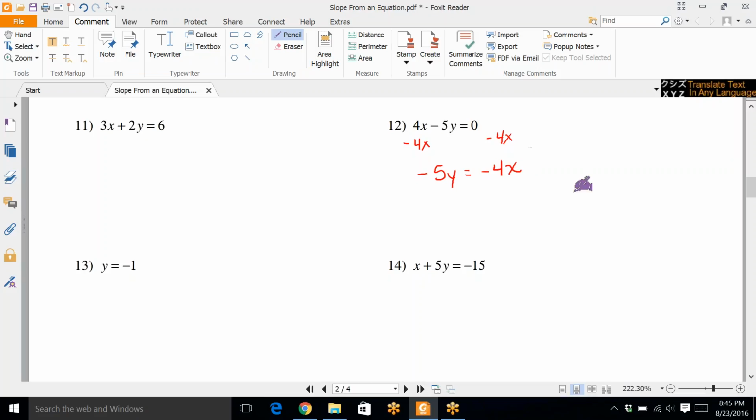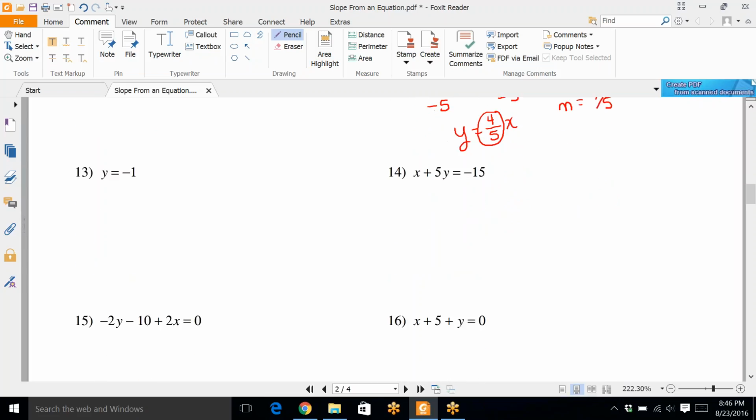You can just say -4x. We would divide everything by -5 to get the y by itself. So this is negative divided by negative, which would be 4/5 positive x, and then there's nothing at the end. So this is still the m for that equation, or the slope.